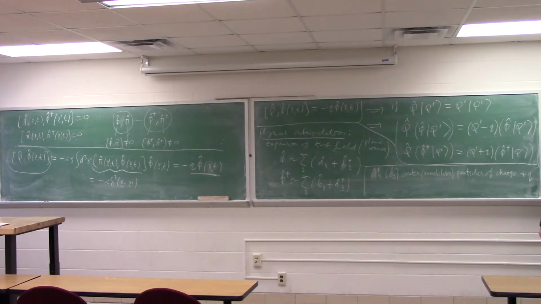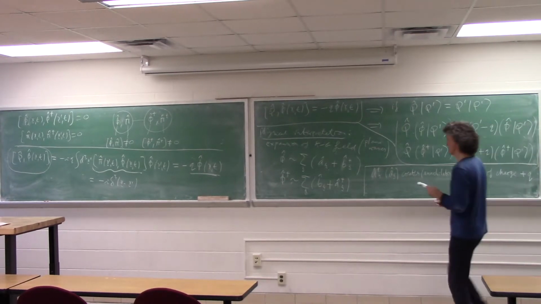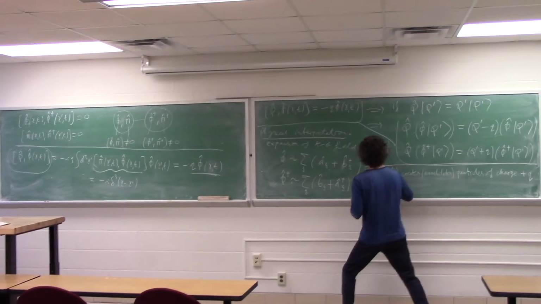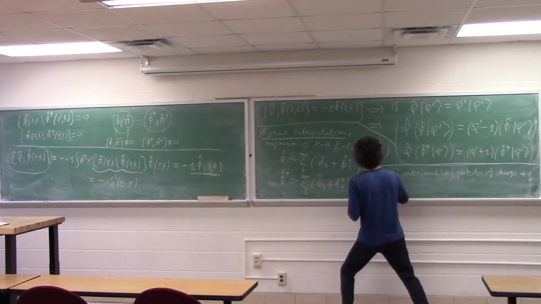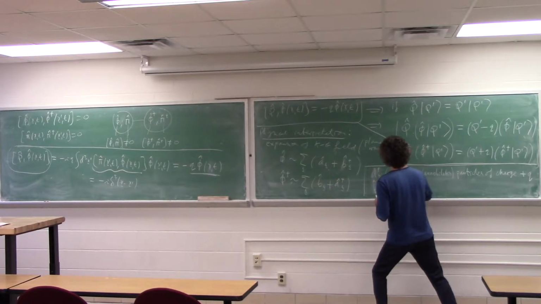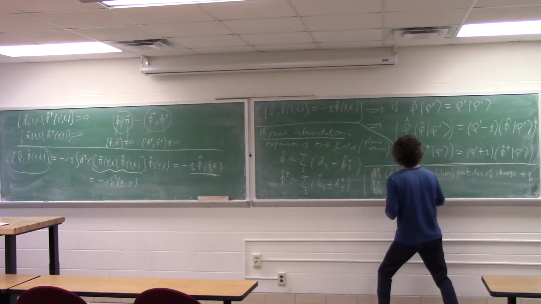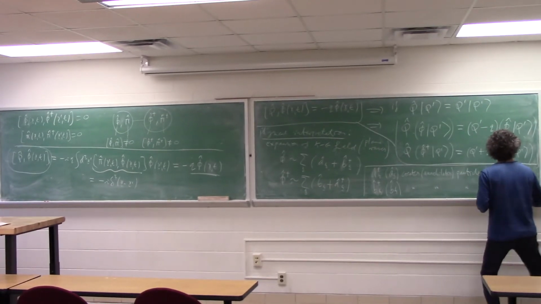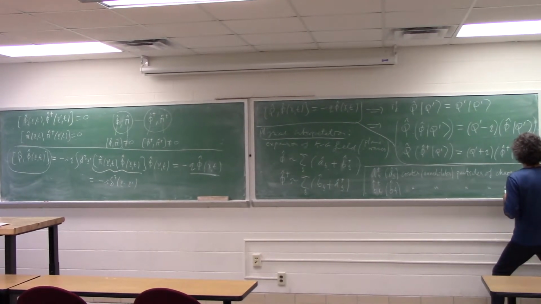What is happening here is you get two kinds of particles with positive and negative charge. Let me just write this down and then I'll explain it. B hat dagger k, or B hat k, creates or annihilates particles of charge minus q.